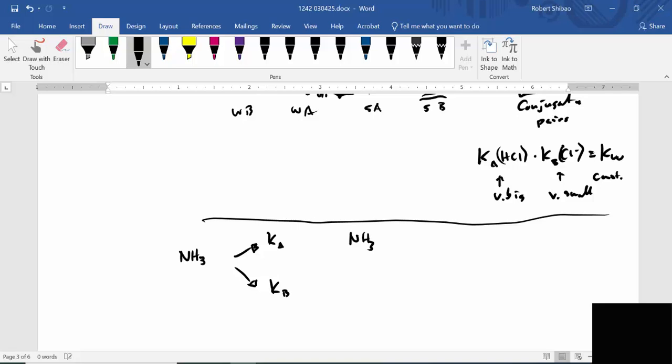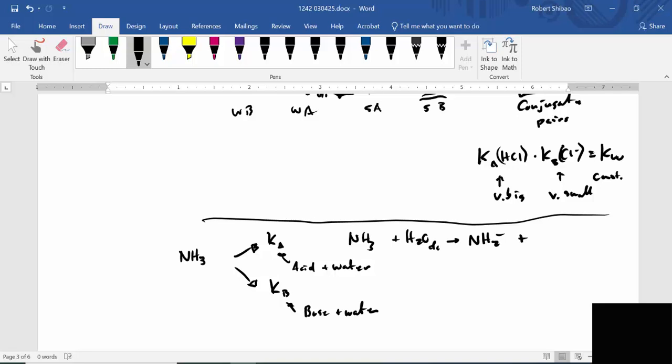And so when we do Ka, that's acid plus water. When we do Kb, that's base plus water. So ammonia plus water, and ammonia is acting as the acid, what forms? What forms is NH2 minus.